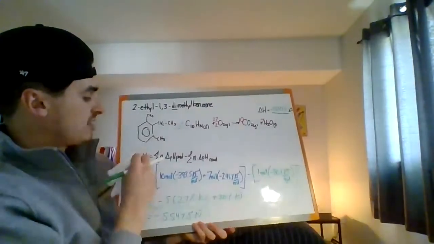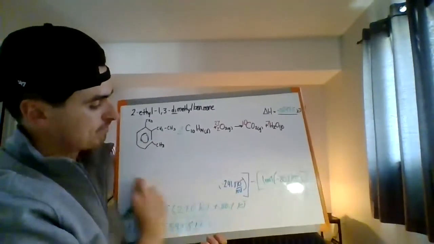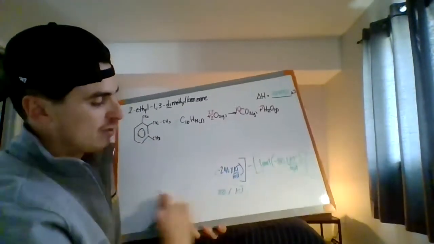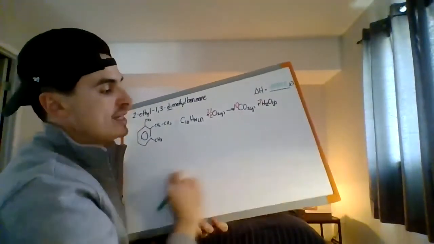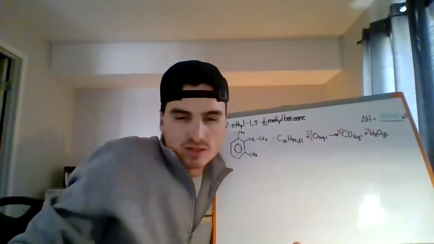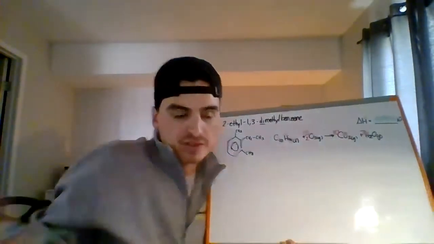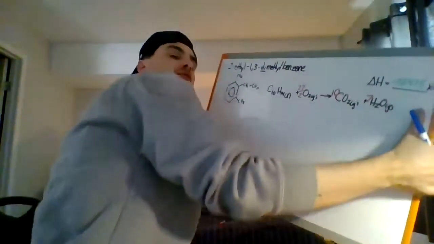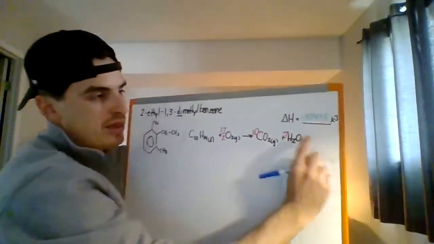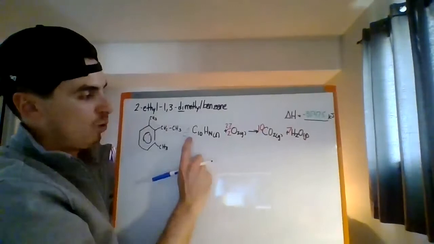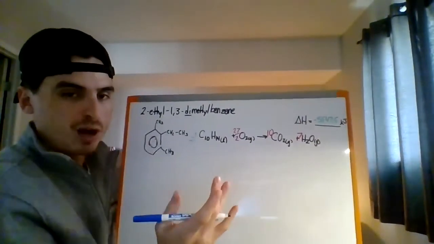The question then said, how much energy was released for, I believe it was 100 grams of this fuel? So now I'm looking for delta H again, but we already have delta H. So this is confusing. But remember, this delta H is for 1 mole. 100 grams is not 1 mole.